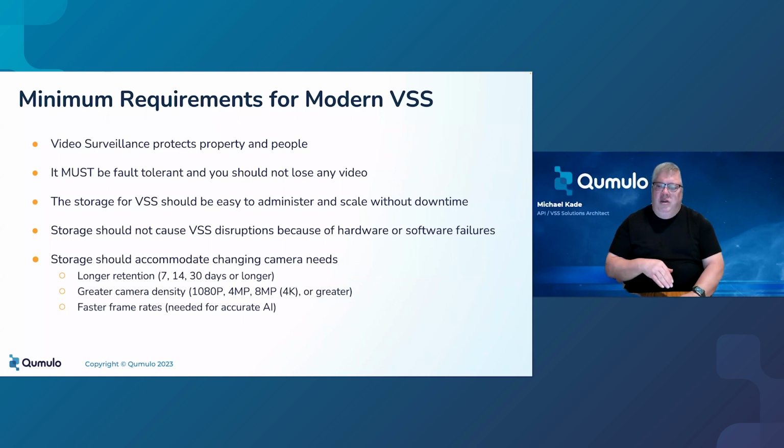All those things could keep you from protecting people and property because you have to change your storage. If you don't have the correct storage solution, you have to shut it down, move your cameras to some backup system, and change your storage, which is a manual process, either through allocating a new LUN or changing out disk drives in your recording servers, and then restarting the system. And potentially you could lose video.